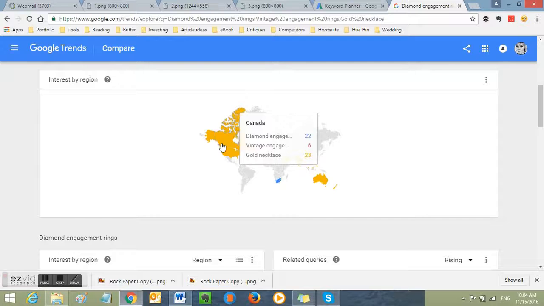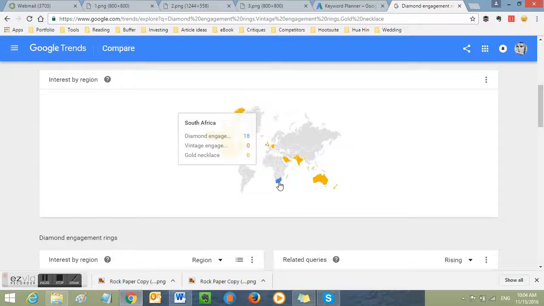United States, diamond engagement rings, gold necklace, still quite popular. South Africa, diamond engagement rings, they're searched for. This is Saudi Arabia, this is Southeast Asia here. And this is Australia as well.